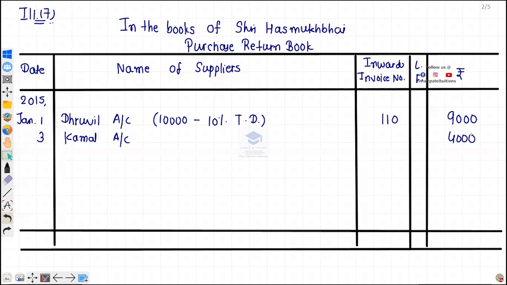In a credit transaction, trade discount will be considered, but cash discount will not be considered. Okay. So since it is credit sales, purchase book. Sorry. Since this is a sales transaction, it will be recorded in the sales book.